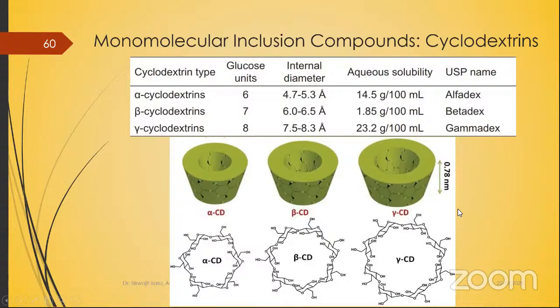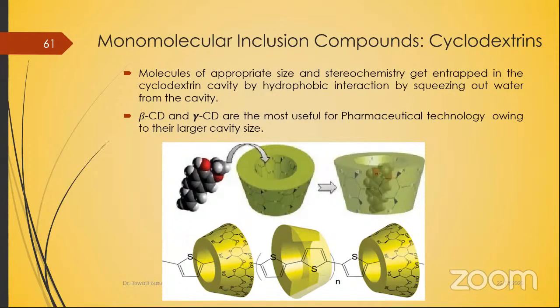By using cyclodextrin, we can increase the solubility of poorly water soluble drugs. Okay, so to increase the solubility of any drug, we can use cyclodextrin. See, molecules of appropriate size and stereochemistry can get entrapped in the cyclodextrin cavity by hydrophobic interaction, by squeezing out water from the cavity.